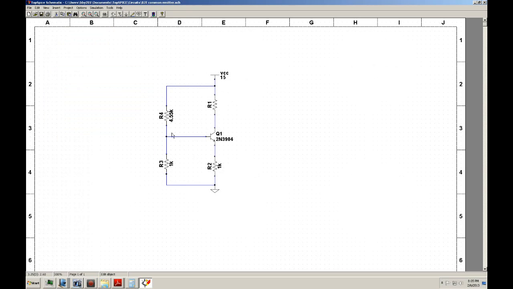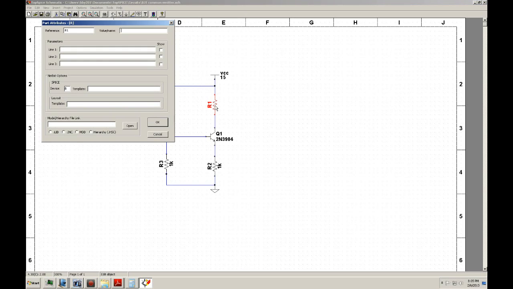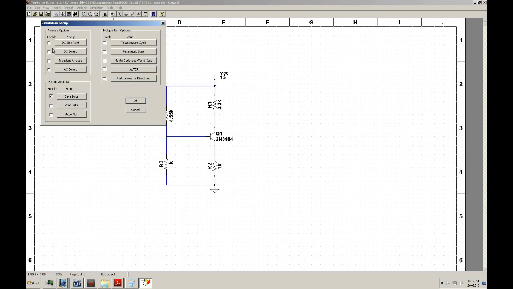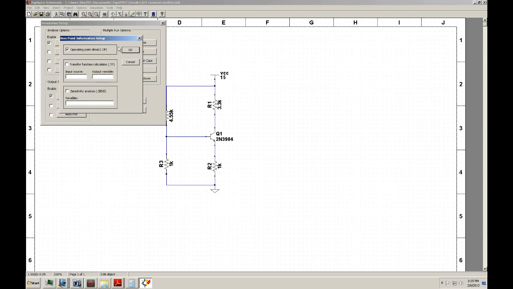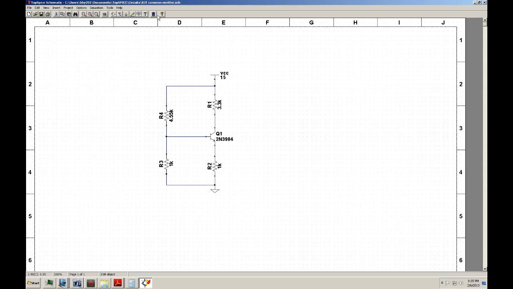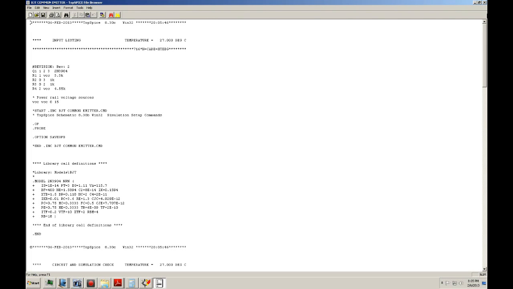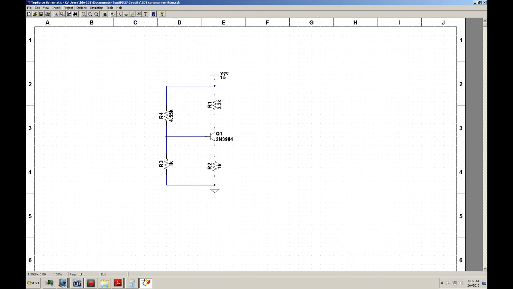Okay. So right now we're not going to put, this is 3.3K. To find out the QS, you do OP, operating point. That's what you were telling me about in terms of history. Then we go here, view.